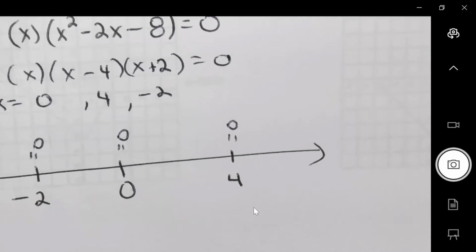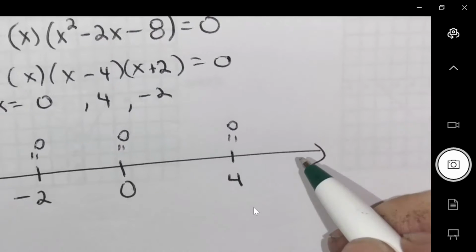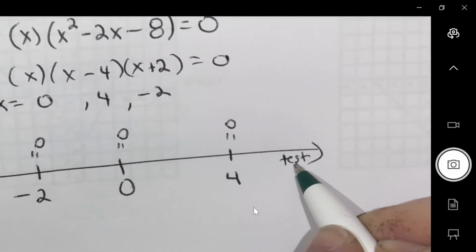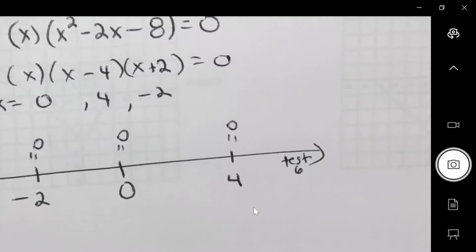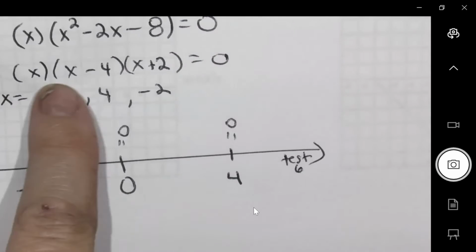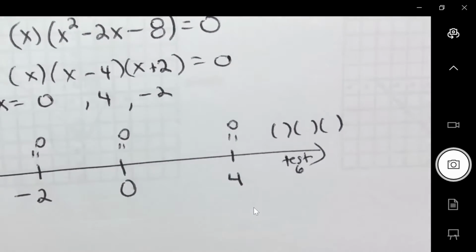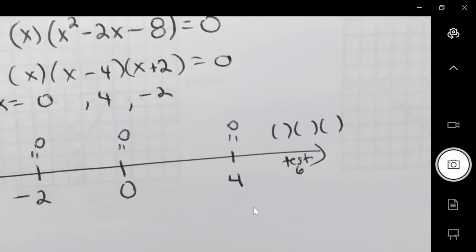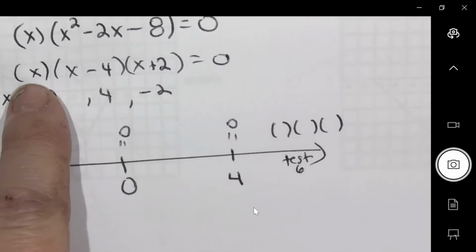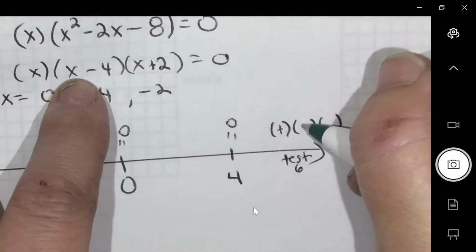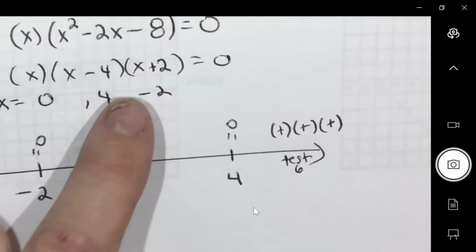Okay, now I'm going to go into the zones and do a test. I'm going to test 6. How many plug-ins do I have to do here? There were 3 multipliers. So once I plug 6 into the 3 brackets, I get positive, positive, positive.